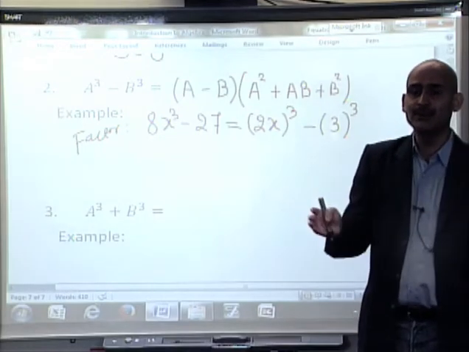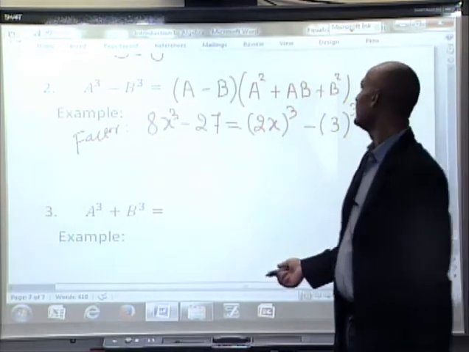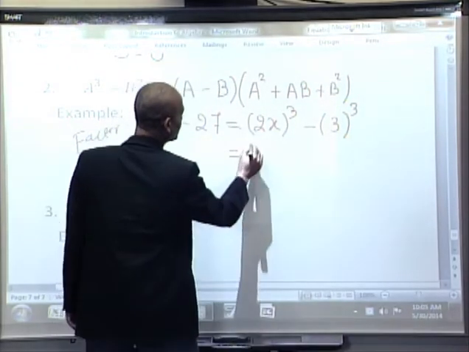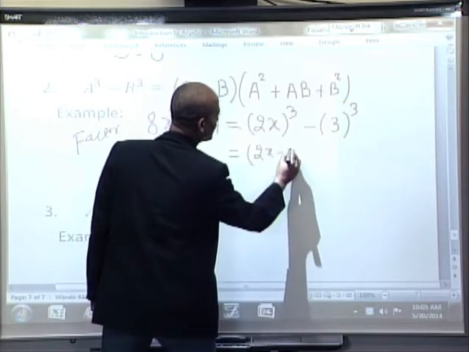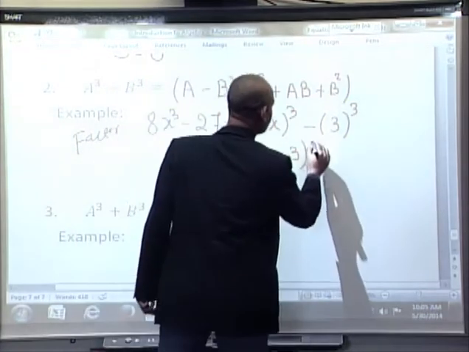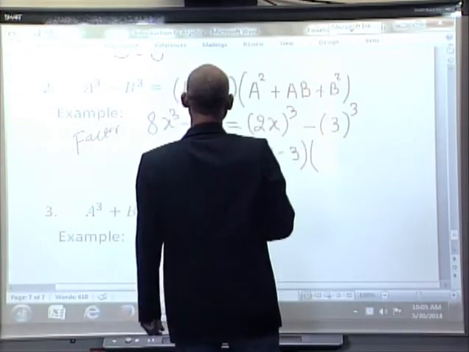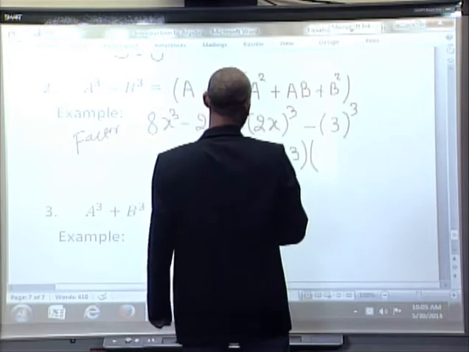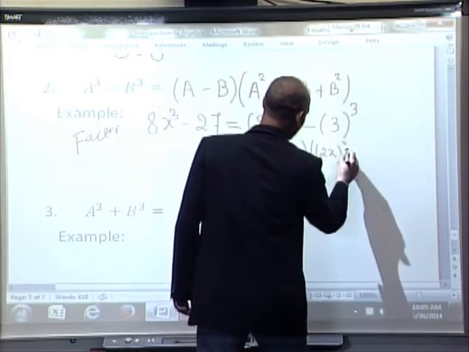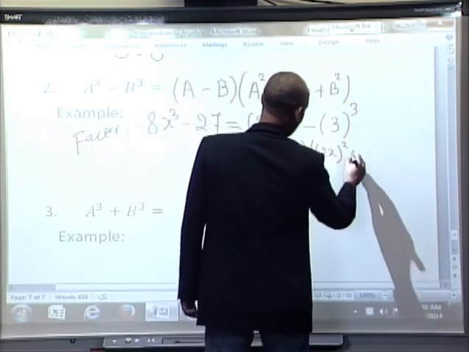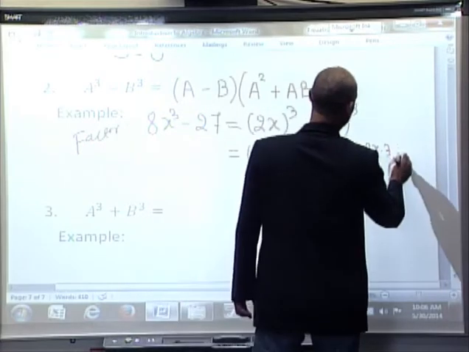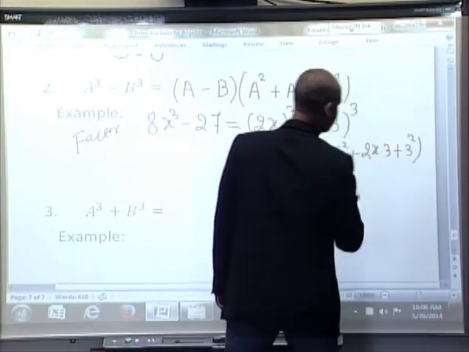A cubed minus b cubed with a is 2x and b is 3. So in order to factor it, I'll simply apply this formula, and according to this formula I should have a minus b, where a is 2x and b is 3, times the square of a, which is 2x squared, plus a times b, which is 2x times 3, plus b squared, which is the square of 3.